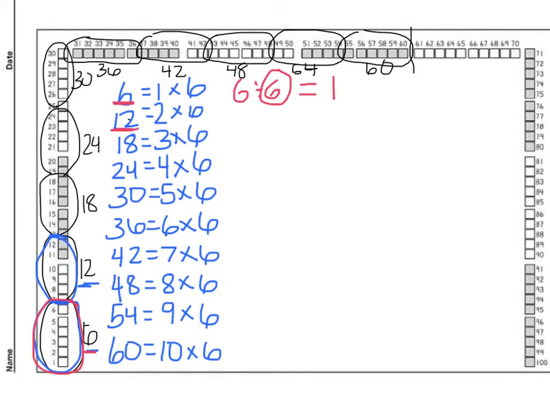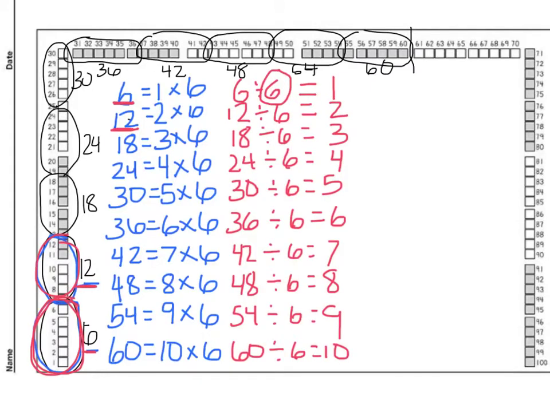Again, let's start with our total. 12 divided by 6, our groups of 6 equals, here we have 12, and we see 2 groups. So 12 divided by 6 equals 2. Again, stop the video. Continue to write the division equations for groups of 6. Press play when you're ready to check your work. All right, carefully look over the division equations and see if they match on your whiteboard. If you need to make any changes, stop the video and do that right now.